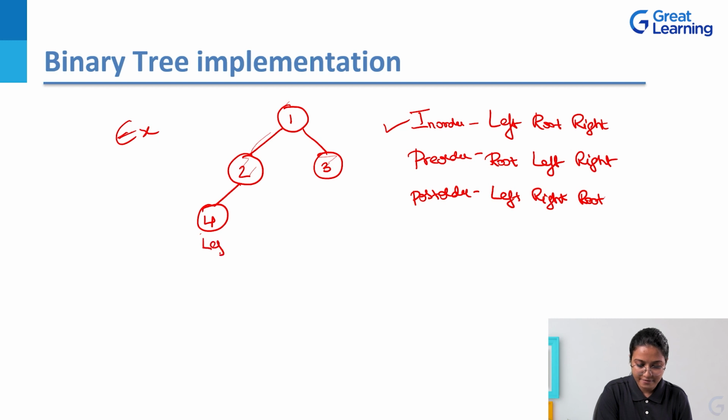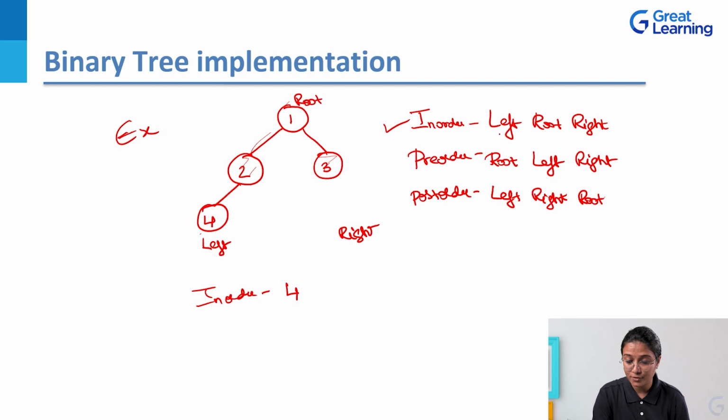This is the leftmost, this is the rightmost, and this is the root, just for reference. So at the left, what do you have? 4. So for in order, I'm writing it here as well. You will put 4 as the first element because the rule says you have to go towards the left of the binary tree.